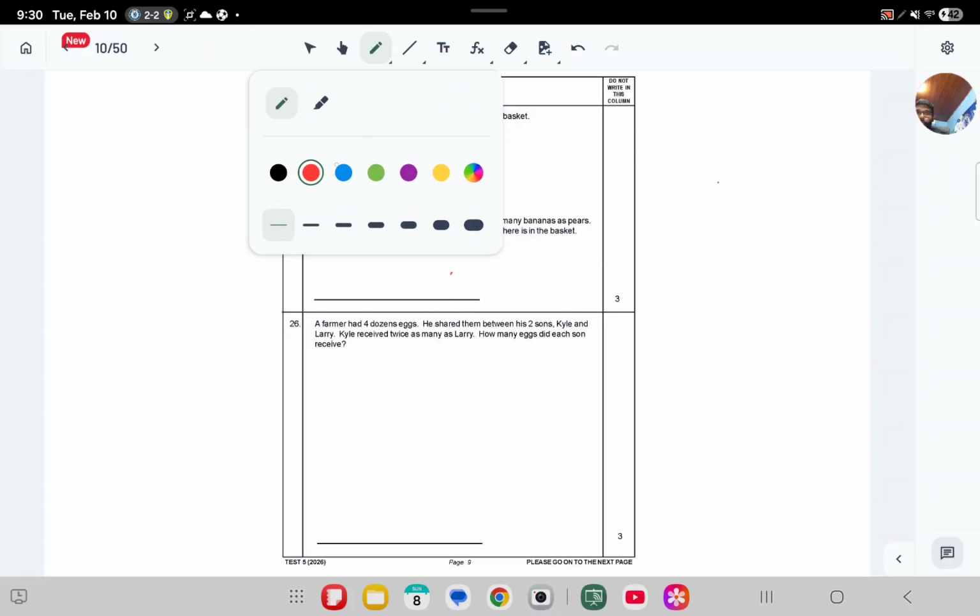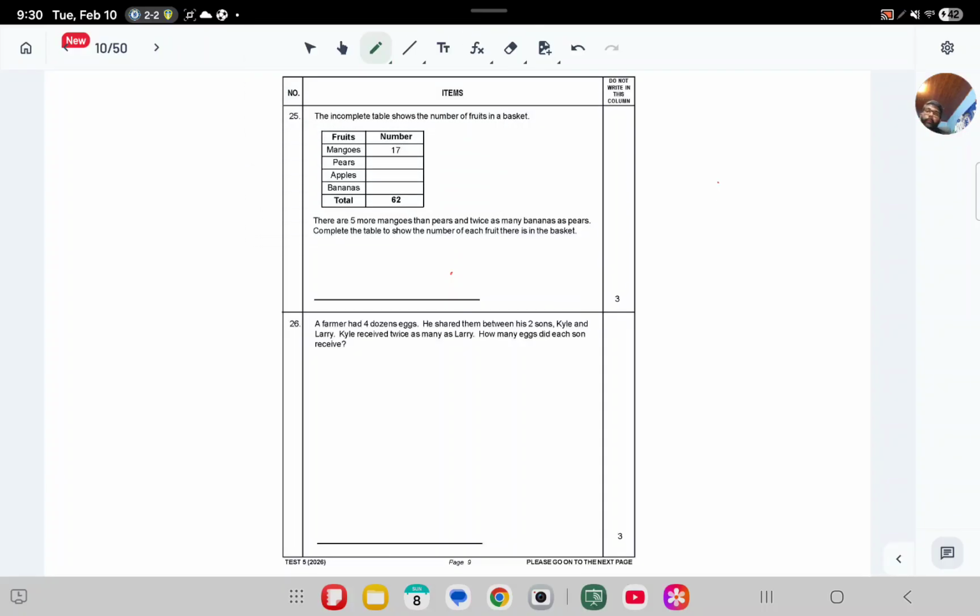Number 25, the incomplete table shows the number of fruits in a basket. There are 5 more mangoes than pears, and twice as many bananas as pears. Complete the table to show the number of each fruit there is in the basket.